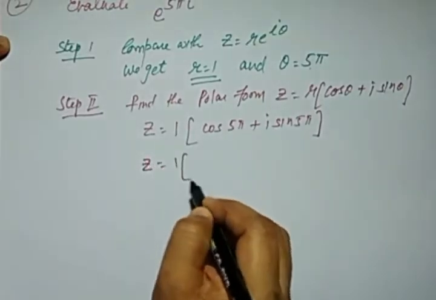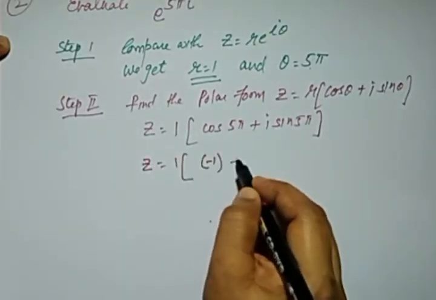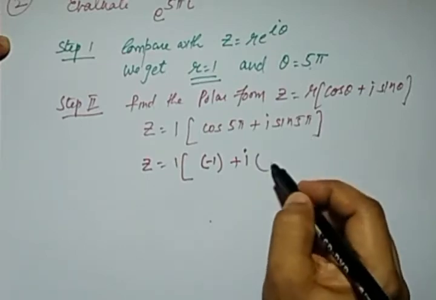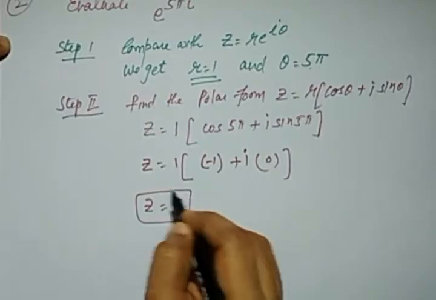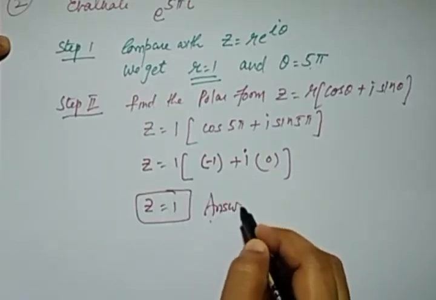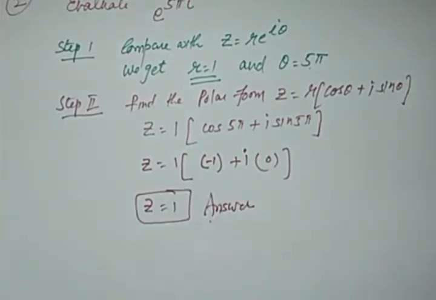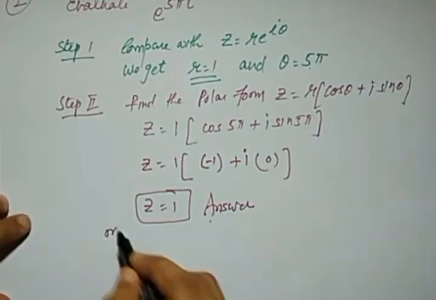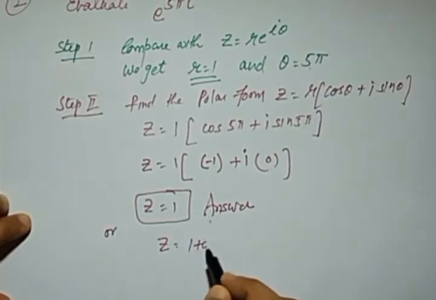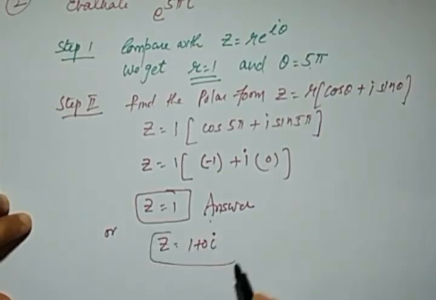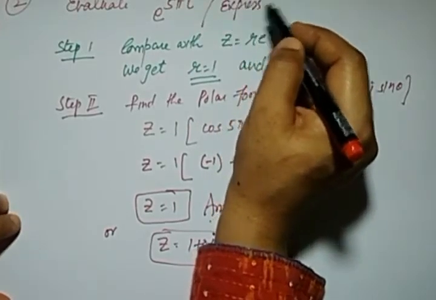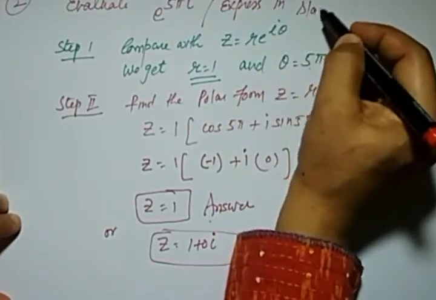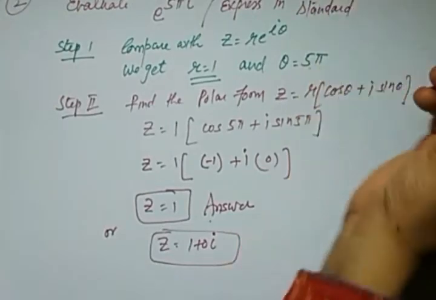Cos of 5 pi is minus 1, plus I sin 5 pi is 0. So z equals minus 1 is our answer. Again you can say this is our standard form, z equals minus 1 plus 0 iota. Again we can write here express in standard form. This is one and the same thing.